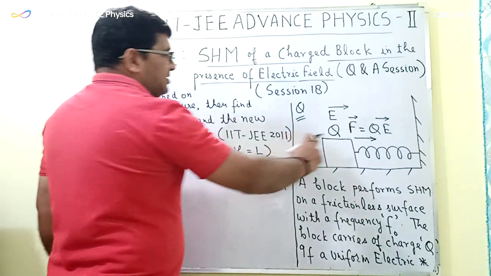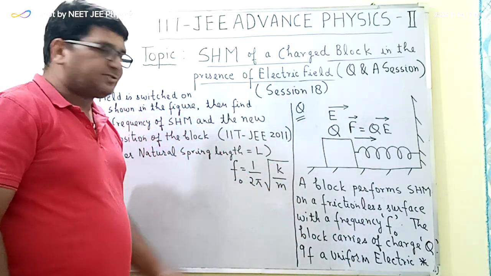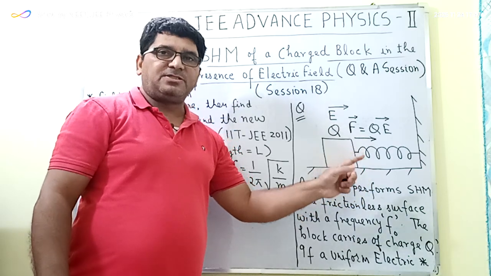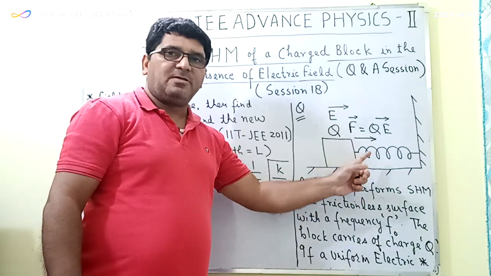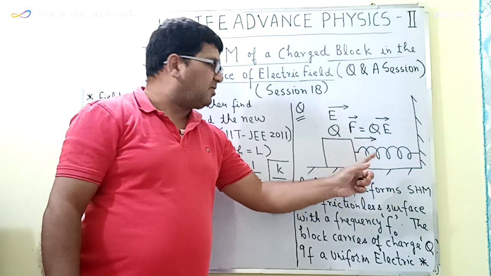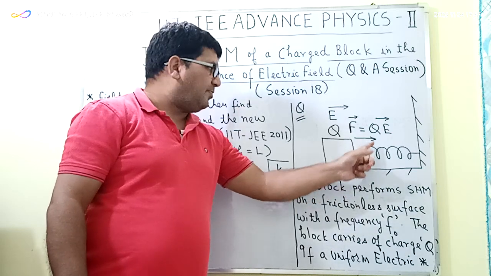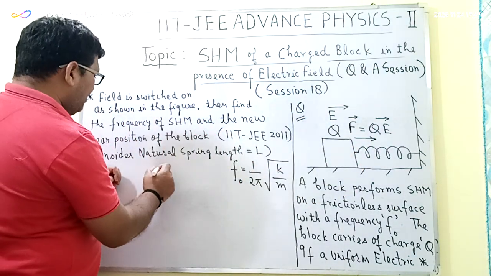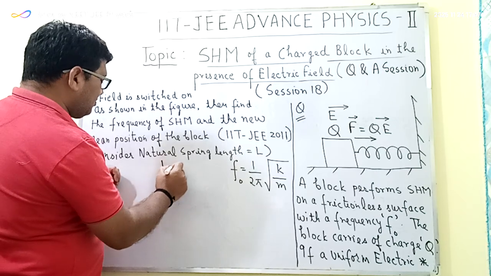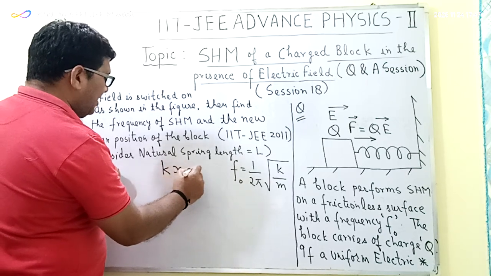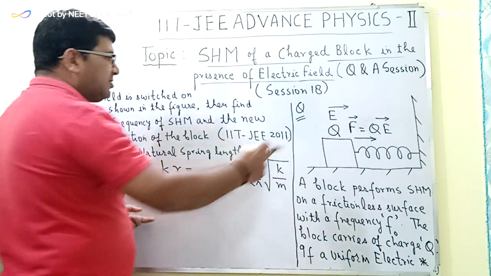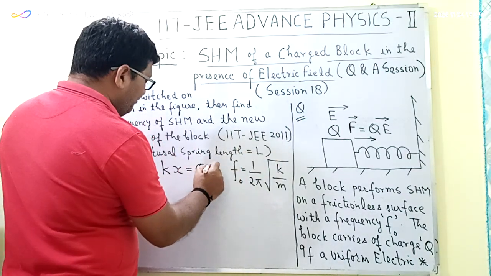Because of this electrostatic force, the spring will get compressed, and when the spring is compressed, the spring force or the restoring force will come into play, which will oppose this electrostatic force. The numerical value of the spring force is equal to Kx, and at equilibrium this restoring force will be equal to the electrostatic force.